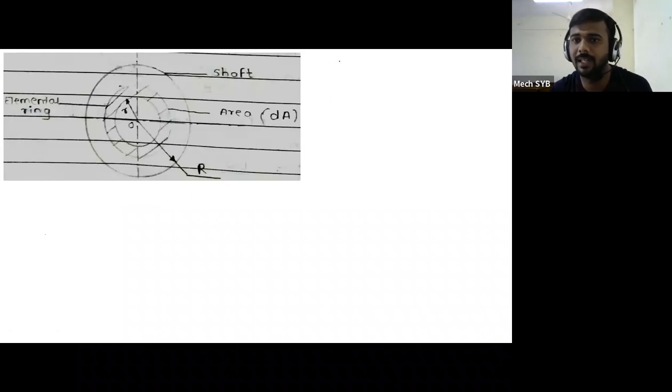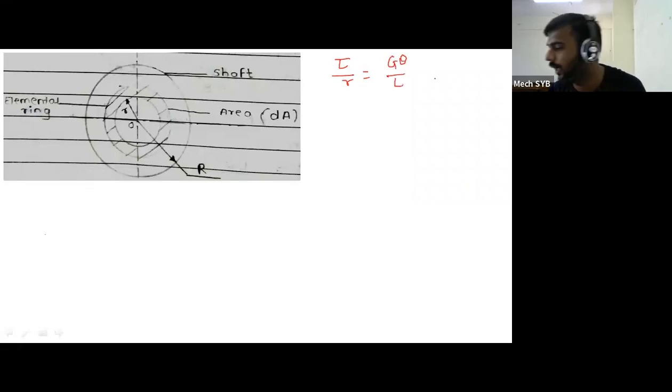That equation I will write here. That is tau upon R is equal to G theta by L, and this will be considered as an equation number.